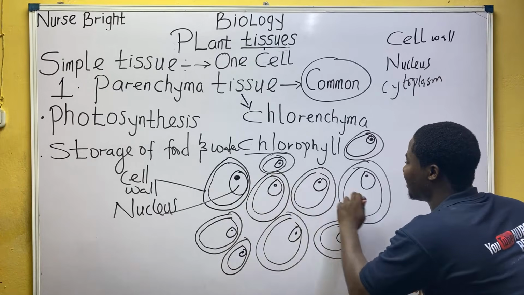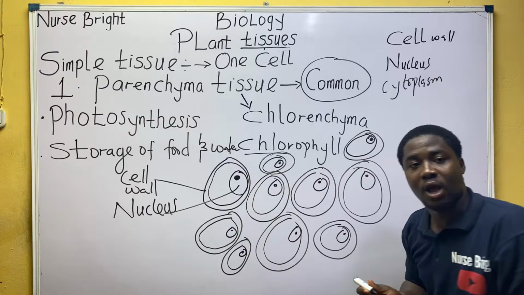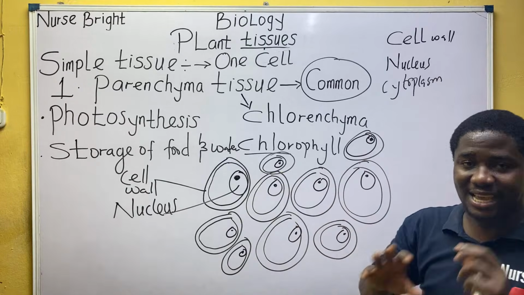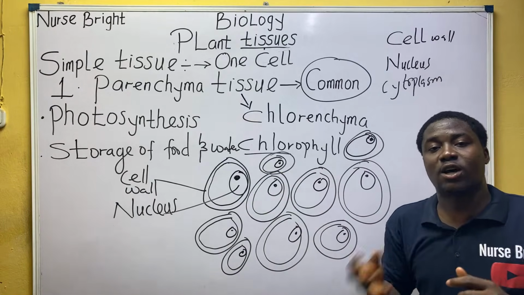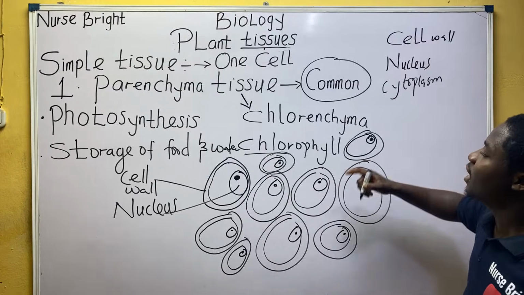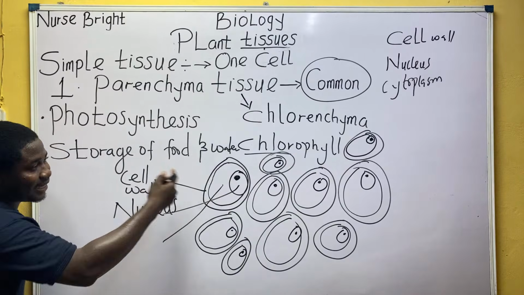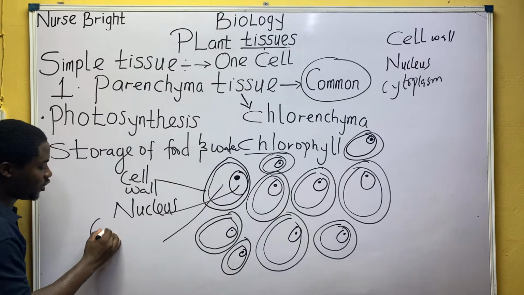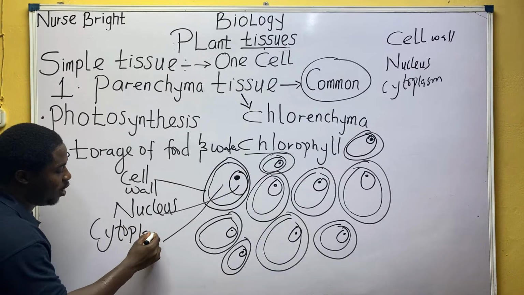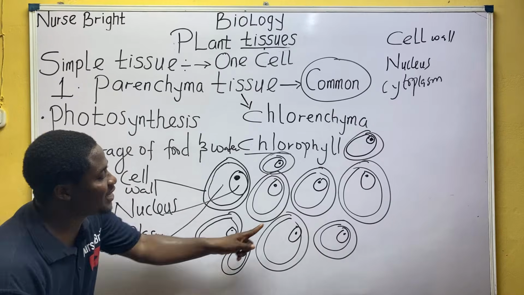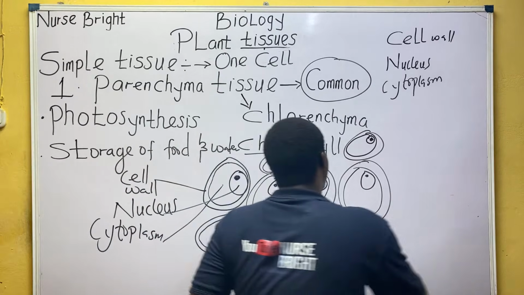All these jelly-like places are where the organelles stay in the cell. We've done cell structures and functions. So in summary, this empty space where the reaction occurs in this parenchyma tissue is called the cytoplasm. Now if you observe, there are spaces between each of the identical cells.